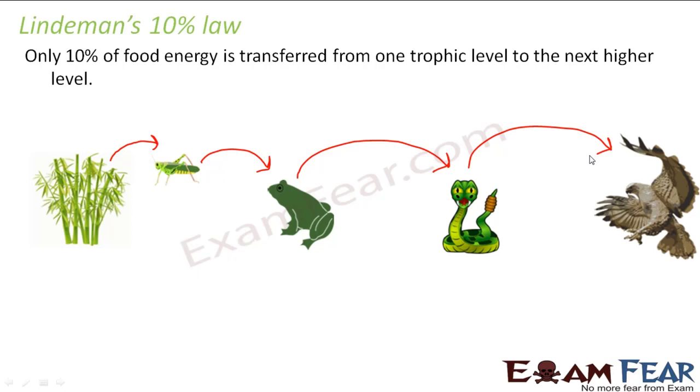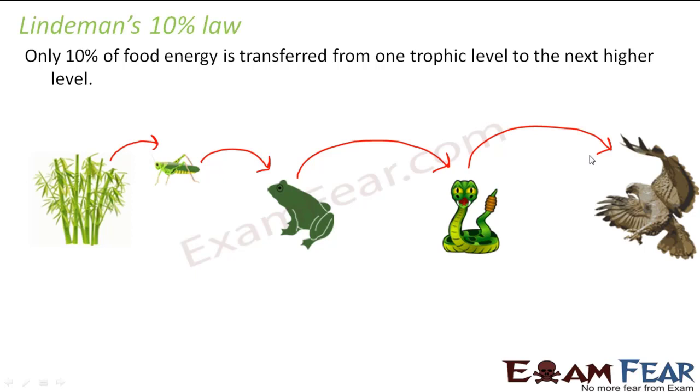So the number of grasshoppers will be a little lesser than the plants. When you go to an even higher level, that is frogs, the number of frogs will be a little lesser. When you go to snakes, they are even a little lesser. Why is it so? Because a lesser amount of energy is available to the higher levels. So when you don't have much energy, you will not have many organisms, right? Because every organism will need some energy.